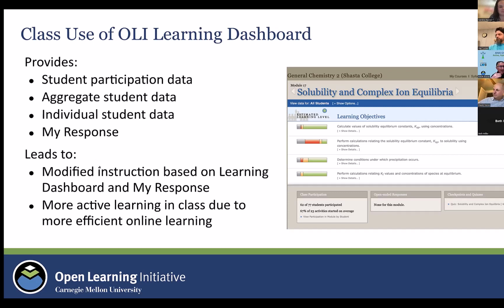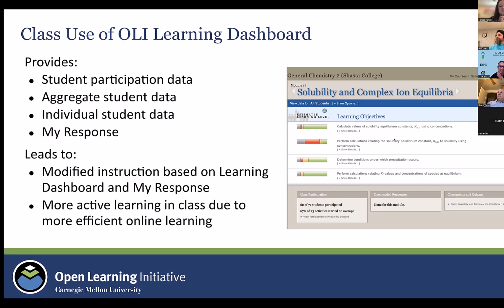My main point would be that the information from the learning dashboard allows you to modify your instruction based upon what it tells you. If you are prone to doing more active learning in your class, like a flipped classroom model, it can support that reasonably well. If you want to do things the traditional way, it supports that as well.